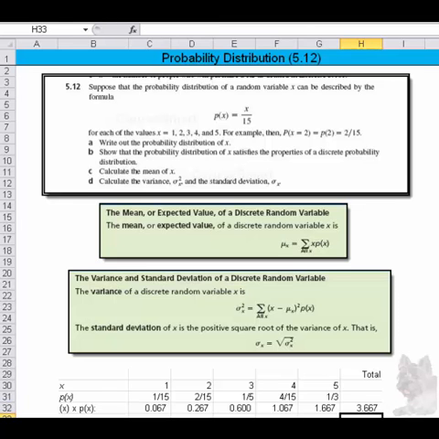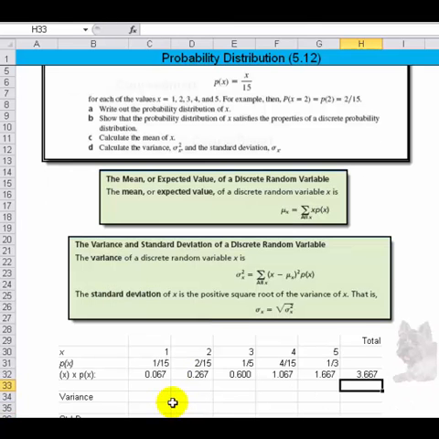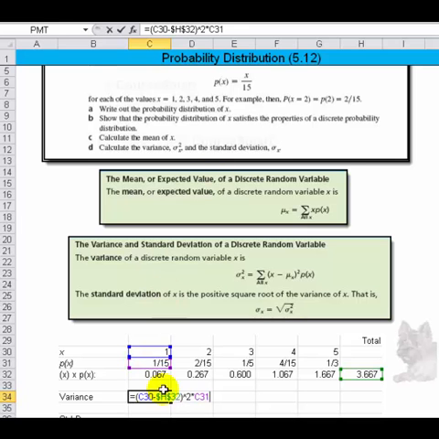Let me slide down a little bit. Then if you wanted to calculate the variance, the calculation gets a little bit hairy, but I'll work you through it. You would take what's in C30, that's x, times the mean, which is in H32.